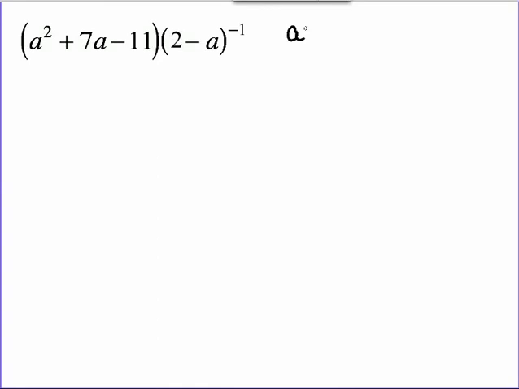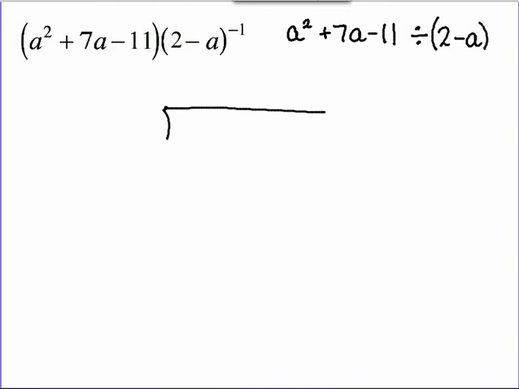And so this is a squared plus 7a minus 11 divided by 2 minus a. So inside my division symbol is going to be a squared plus 7a minus 11. Outside of the division symbol is going to be what?